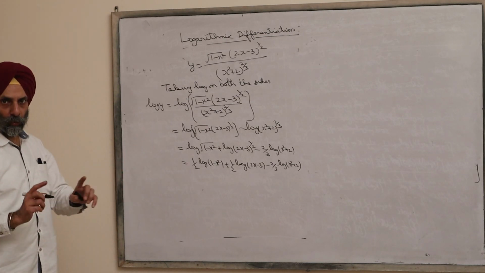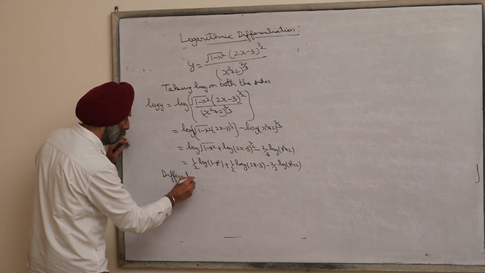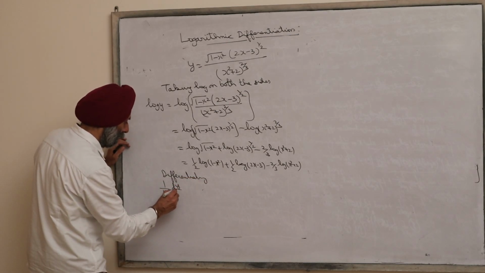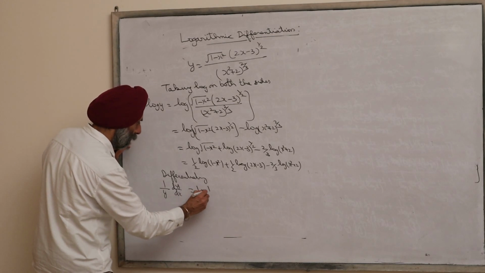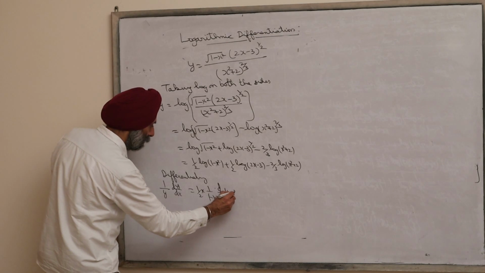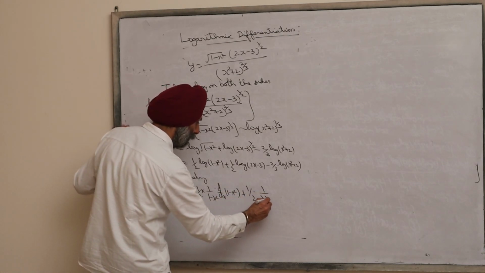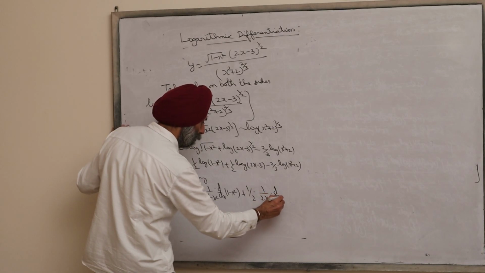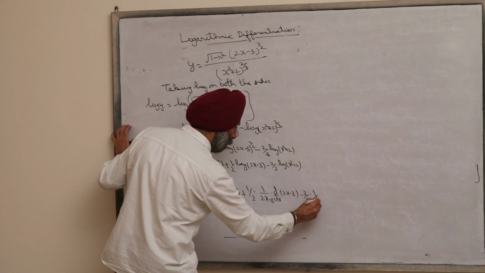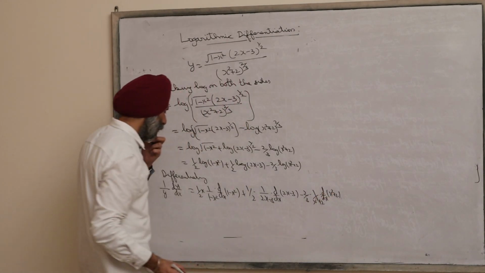Now differentiating both sides. So differentiating, we have 1 over y into dy over dx is equal to 1 over 2 into 1 over 1 minus x square into d over dx of 1 minus x square, plus 1 over 2 into 1 over 2x minus 3 into d over dx of 2x minus 3, minus 2 by 3 into 1 over x square plus 2 into d over dx of x square plus 2.